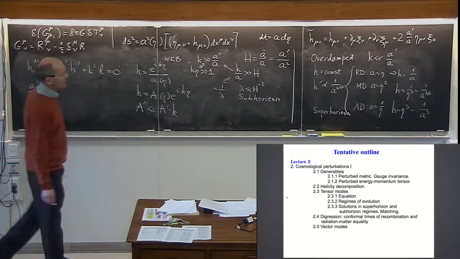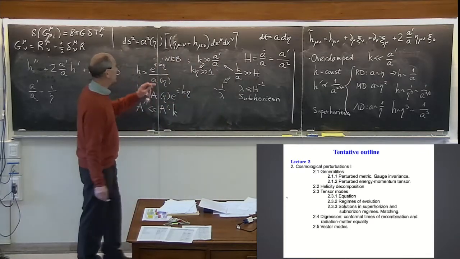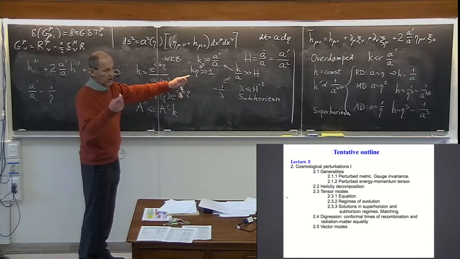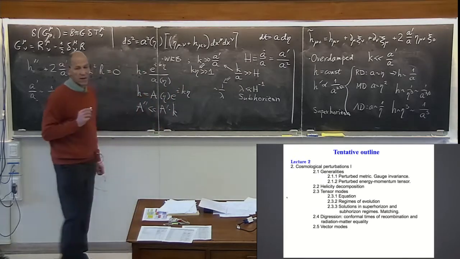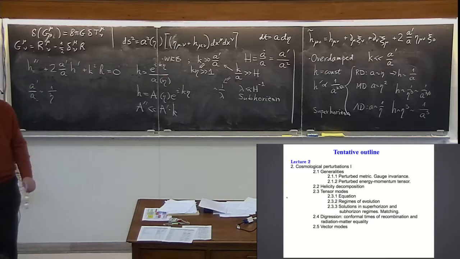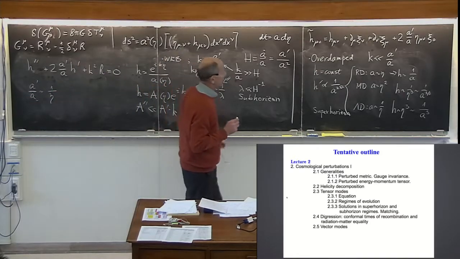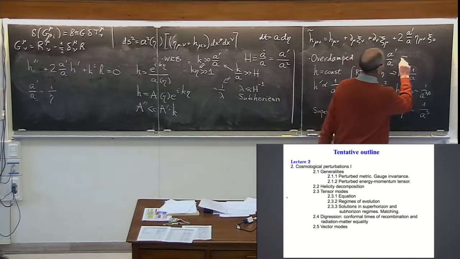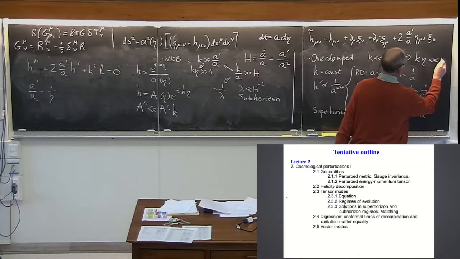So if we are at radiation domination, eta increases from 0 towards infinity. So at early times, we have the opposite relation, right? This is k eta much less than 1. Right?